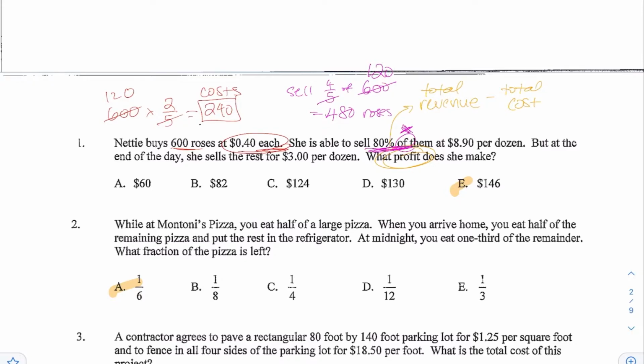Now, she sells them at $8.90 per dozen. So you have to figure out a dozen, and a dozen represents 12. So here, 12 roses, or 1 dozen, is equal to $8.90. And she sells 480 roses. So you have to multiply 12 times 40 to get 480.